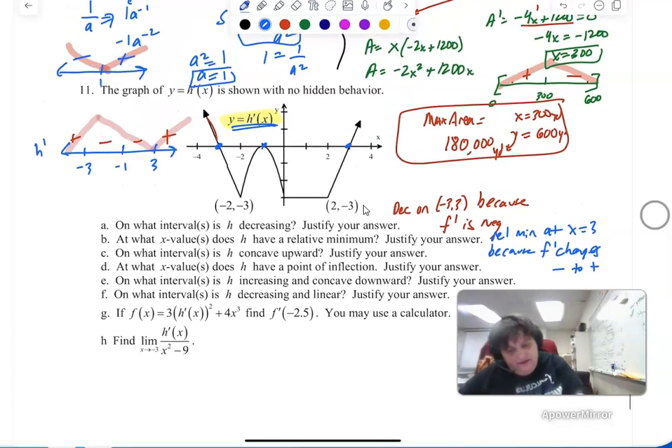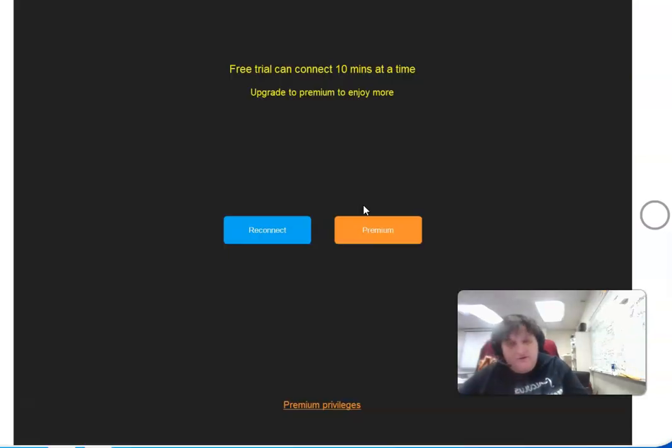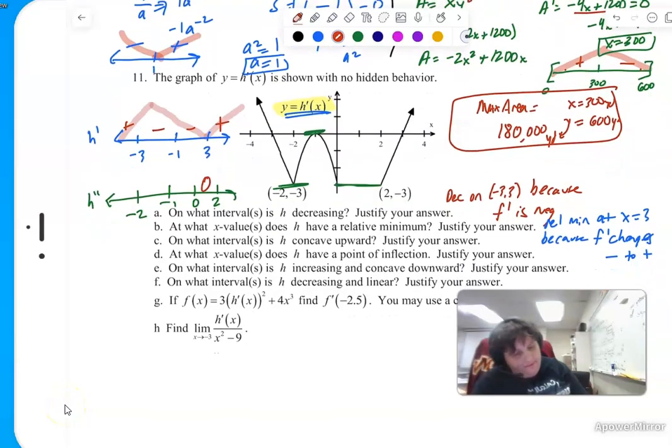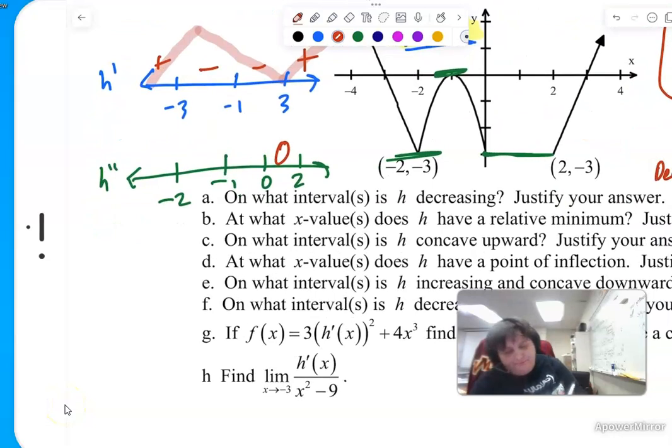Now we're going to go ahead and make a sign line graph for the second derivative. And you guys, for the second derivative, we're looking at where the slope of the derivative is 0. Well, something is going on there. It's not 0, but it's changing slopes. I've got negative 1. And then from 0 to 2, that's all 0. So maybe I'm just going to put a 0 like that, sort of all the way across.